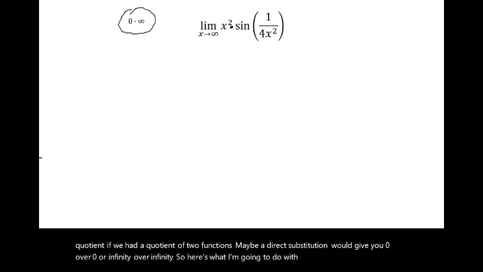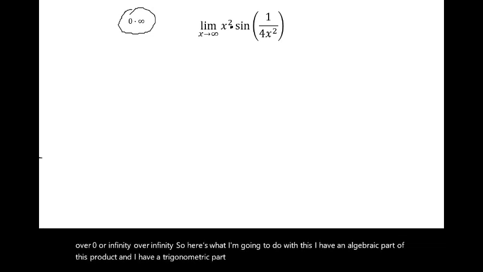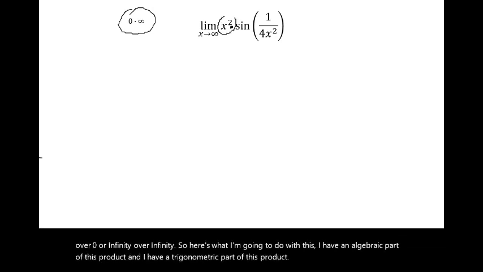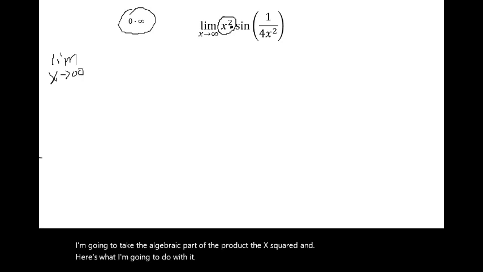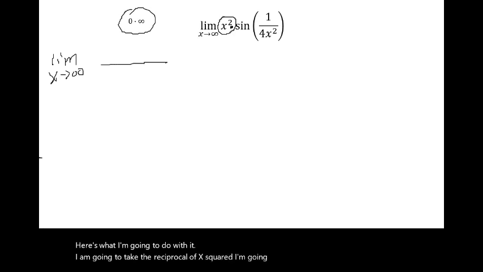I have an algebraic part of this product, and I have a trigonometric part of this product. I'm going to take the algebraic part of the product, the x squared, and I am going to take the reciprocal of x squared and put it in the denominator.